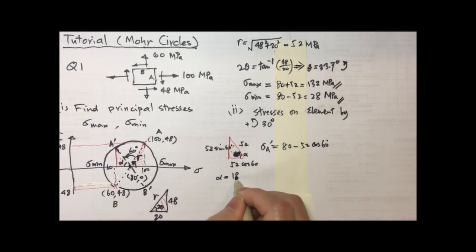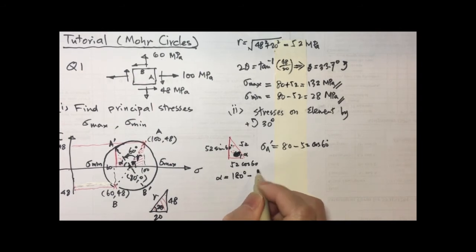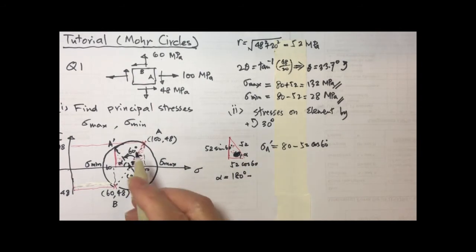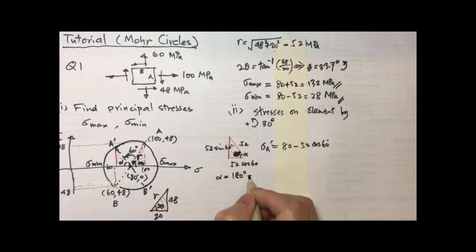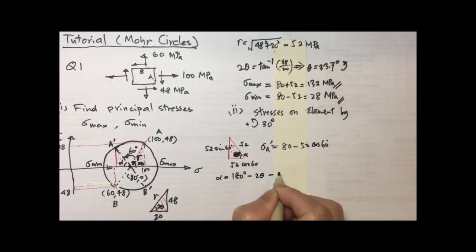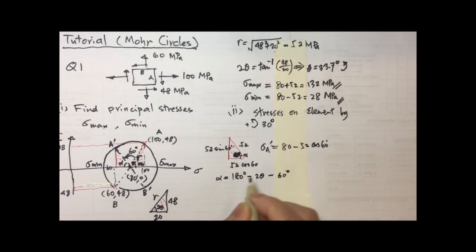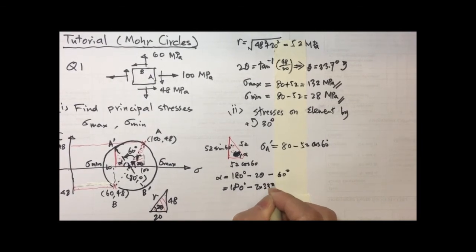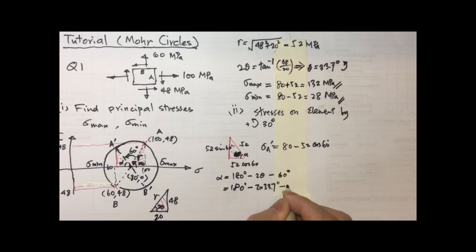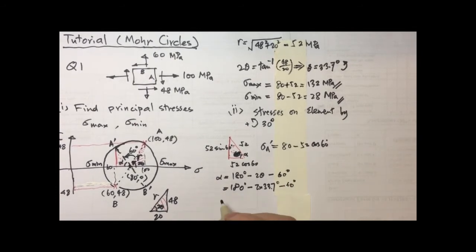So 180 minus what? That's 2 theta, right? So minus 2 theta minus 60. So it's equal to 180 minus 2 times 33.7 degrees minus 60, right?